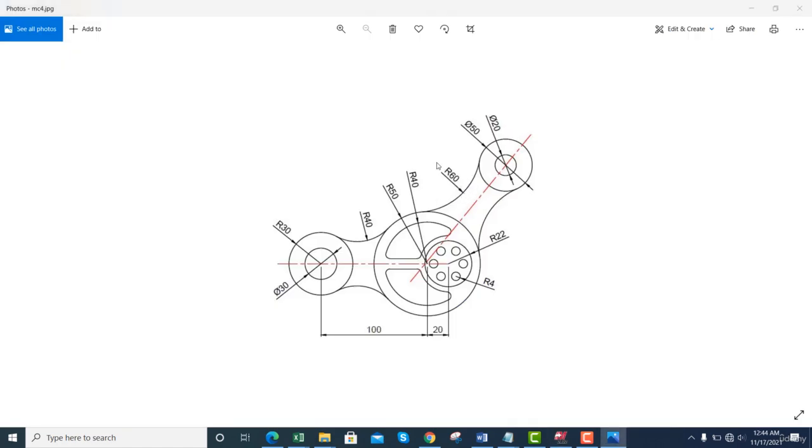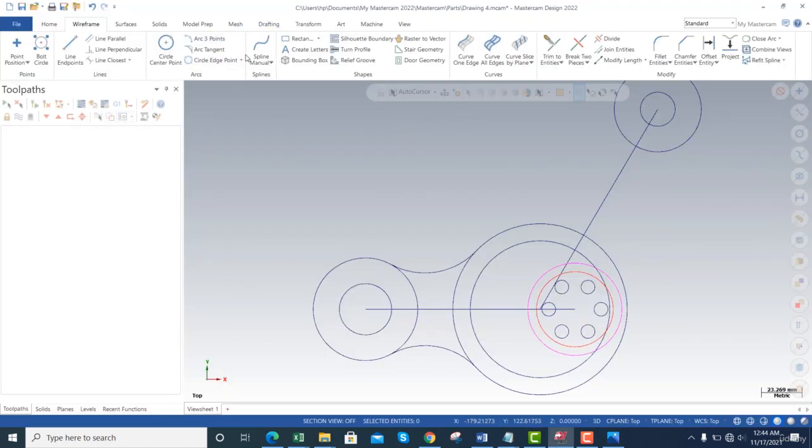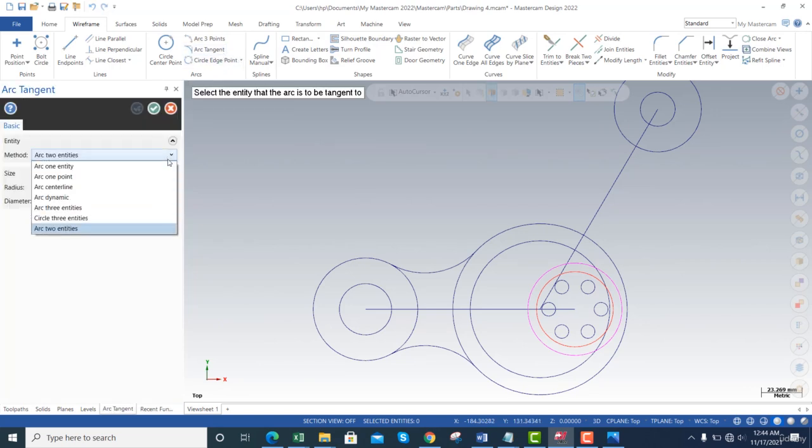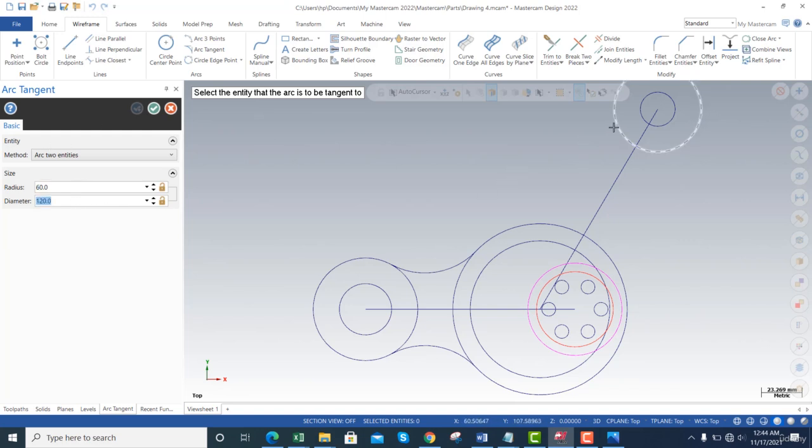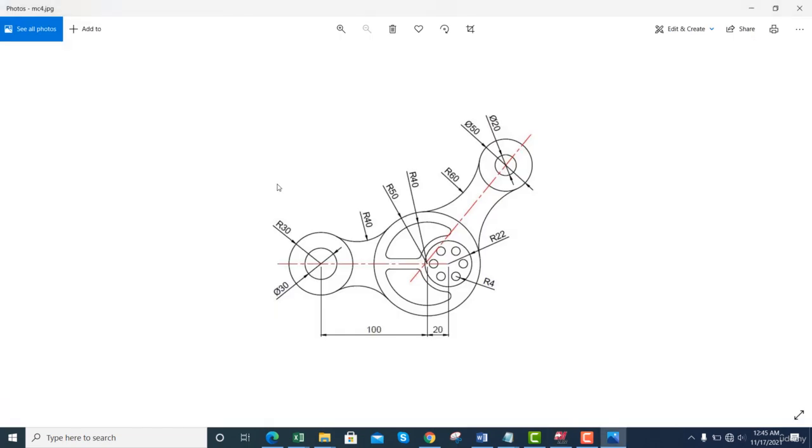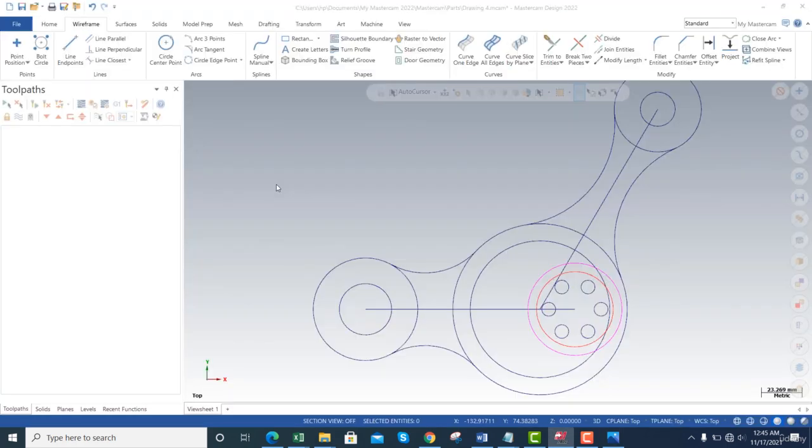Now tangent arc of radius 60. Okay. Tangent arc, 2 entities, radius 60. First is this one and this one. I want to keep this. Similarly, I want to keep this one. Okay, it's not exact but very close.